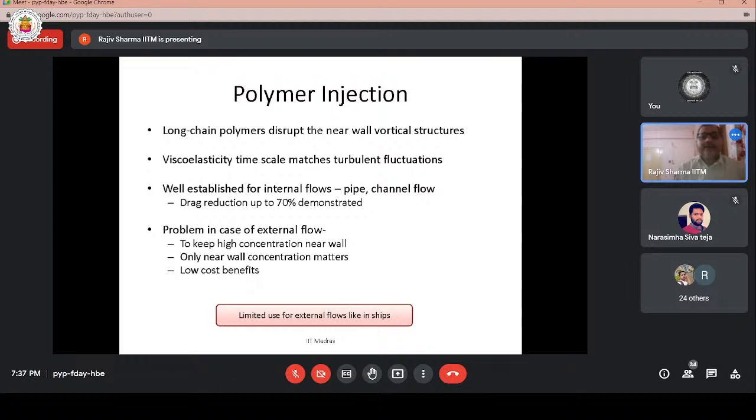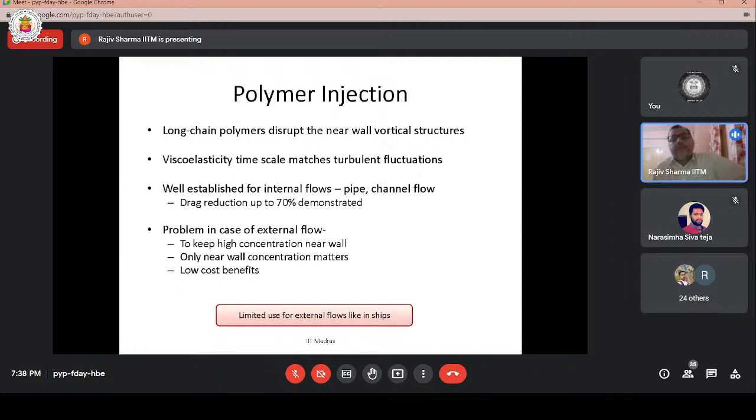It is changing the nature of flow by changing the basic composition of the fluid between the structure and the fluid. So the long chain polymers disrupt the near wall vortical structures. That means close to the wall, the long chain polymers will form a protective layer around the wall, and that will alter your near wall vortical structures.